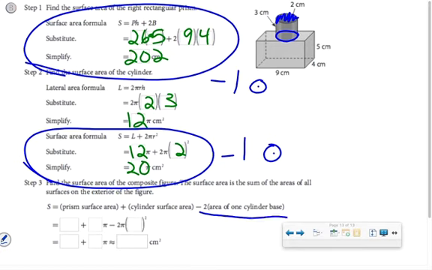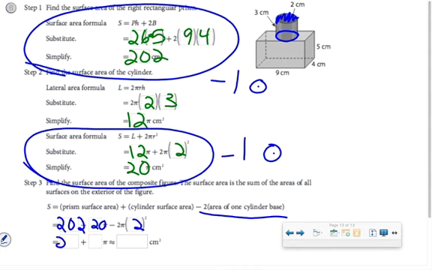So now let's just substitute the values in. The prism's surface area was 202. The cylinder's surface area was 20 pi. And then I'm subtracting 2 pi times 2 squared. So I've got 20 pi minus 2 pi times 2 squared, excuse me.